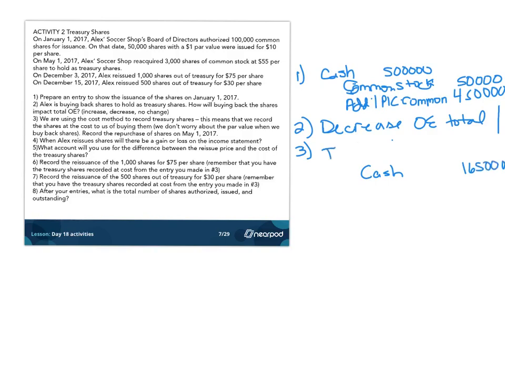I'm going to debit Treasury stock for $165,000 because that's what we paid for the stock. $55 times 3,000 shares.